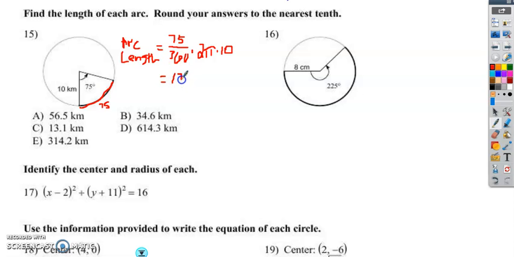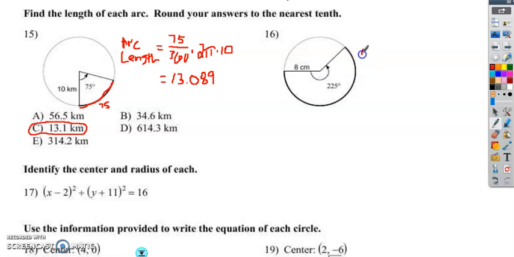And what I ended up with was 13.089. Okay, and if you notice, these are rounded to the nearest tenth. So the only option that it could be there is that 13.1. Remember, that was in kilometers. Okay, so good to know.